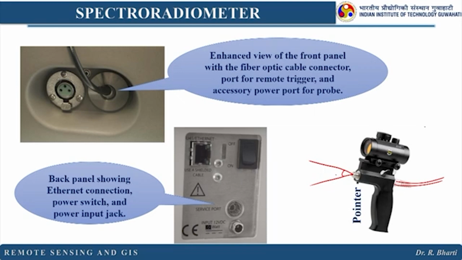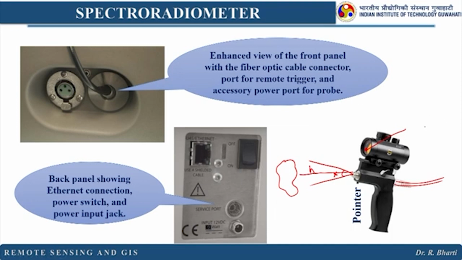Let us assume you have X field of view, and you are looking at a sample. You have to decide what the height H should be, then only it will cover this particular object, and using this bubble you can make sure whether you are looking vertically or with some tilt angle, right.